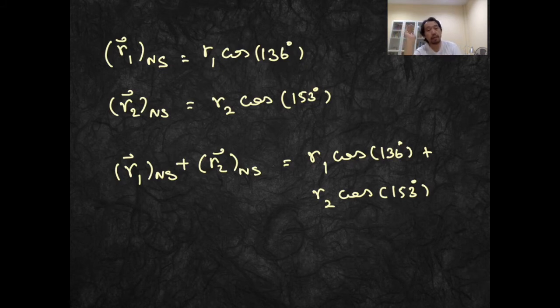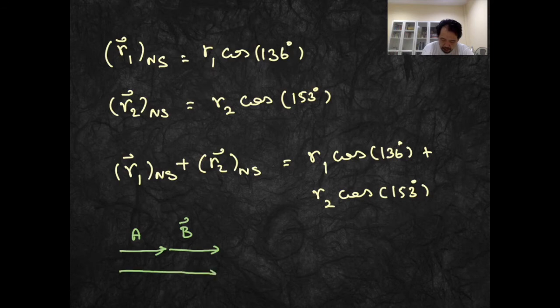When vectors point along the same line, for example, if we have the vector A and vector B like this, and we add these two vectors to be vector C, you can see that the magnitude of C is equal to the magnitude of A plus magnitude of B. So we can use the magnitude of these two vectors added together to get the magnitude of the result.